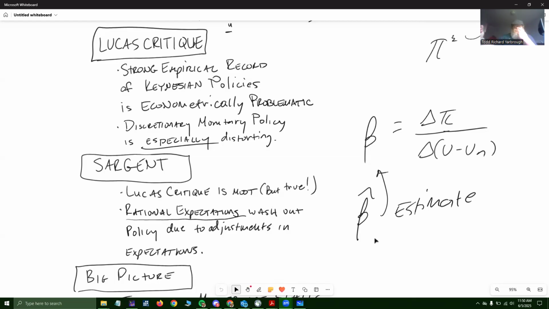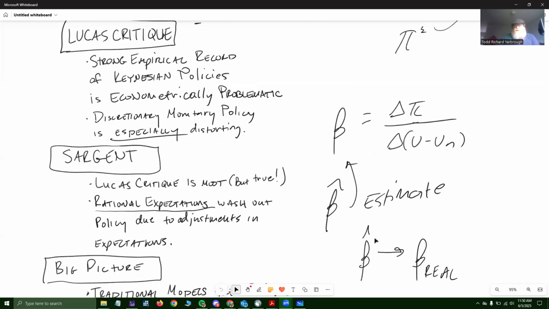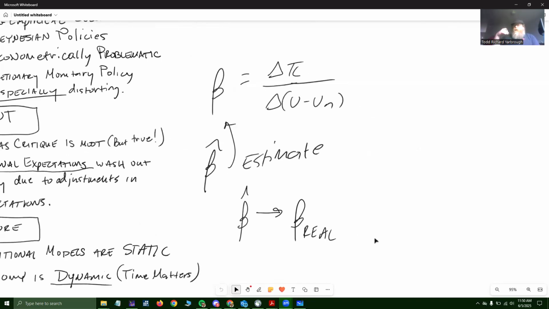There is a set of statistical laws, probability and so on, which argue that under the law of large numbers and iterated expectations, the estimated beta parameter will converge to the real coefficient. So we can imagine that there is a relationship between the unemployment gap and inflation, and that we can attempt to measure it.